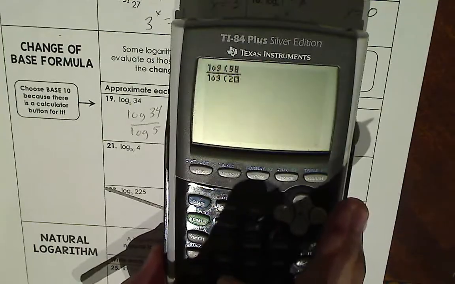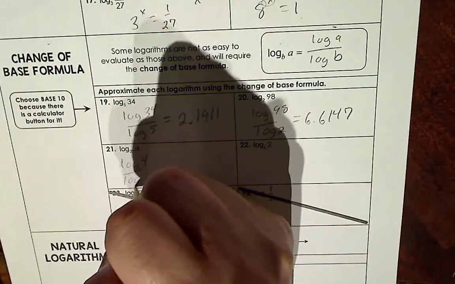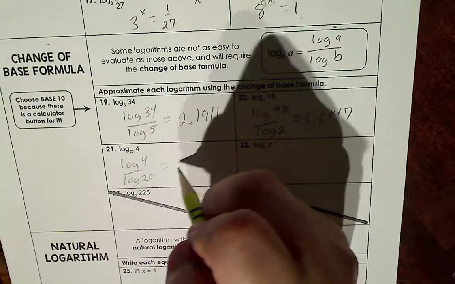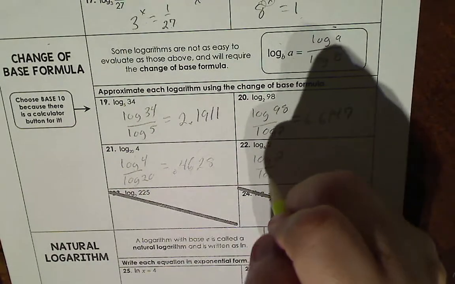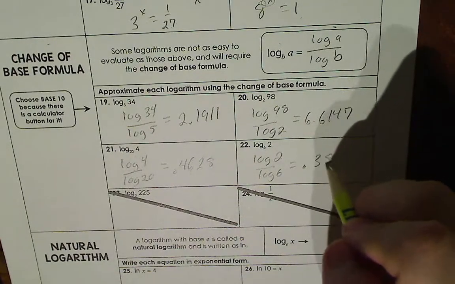Just like that. Okay. Log of 4 over log of 20 will be equal to 0.4628. Log of 2 over log of 6 is equal to 0.3869.